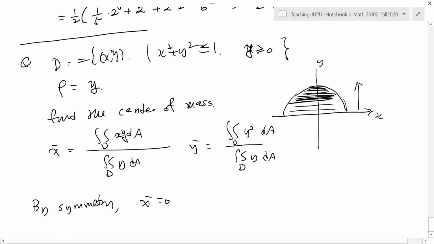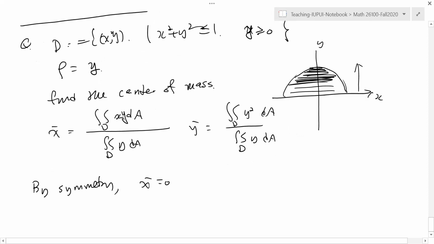The center must be on the y-axis. So that saves you lots of time. All you have to do is just focus on those three integrals. And the y bar, I'm pretty sure, is between 0 and 1. Y bar must be between 0 and 1 because the center should be within the region, right?